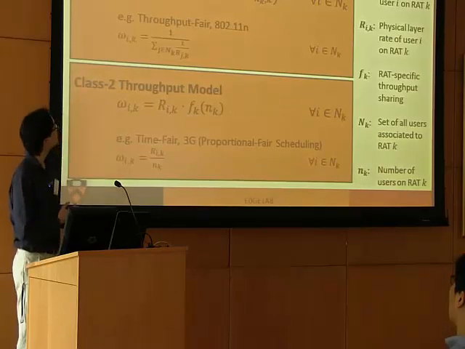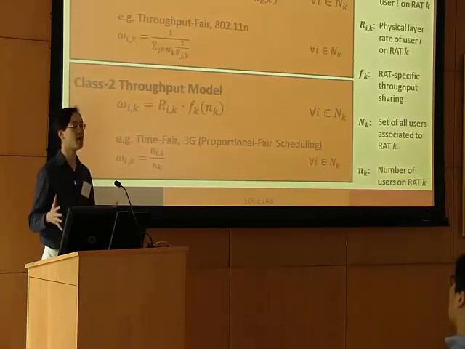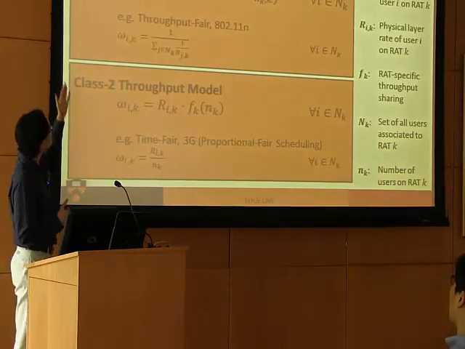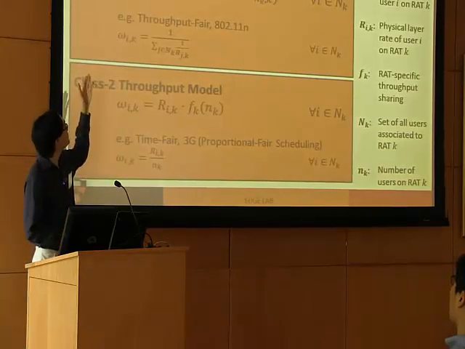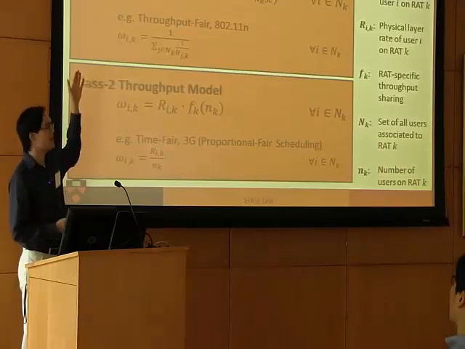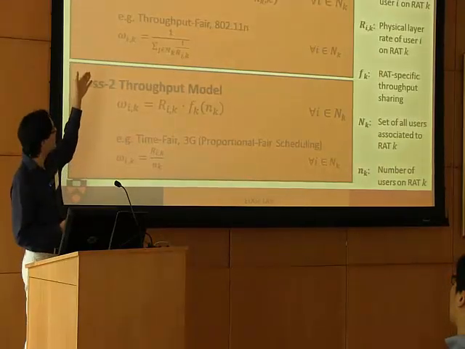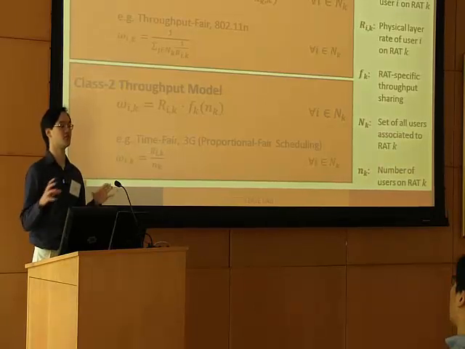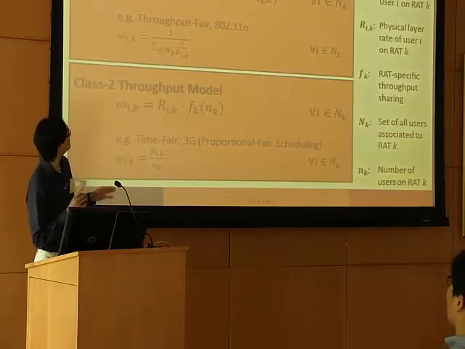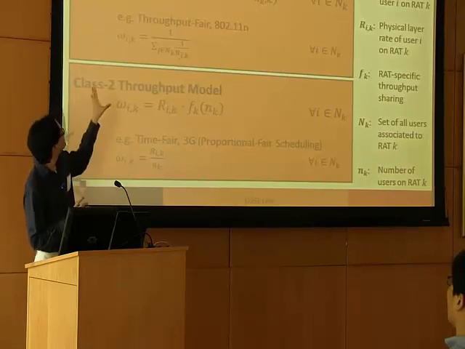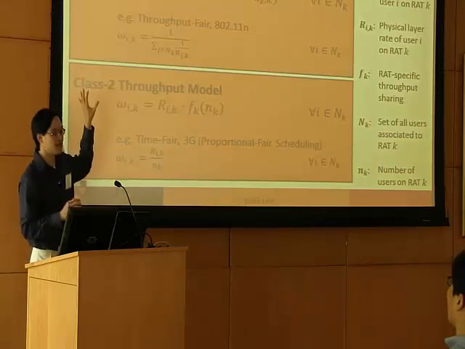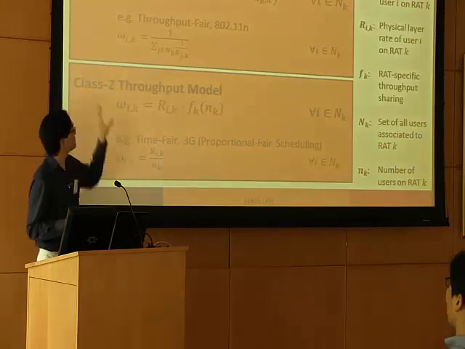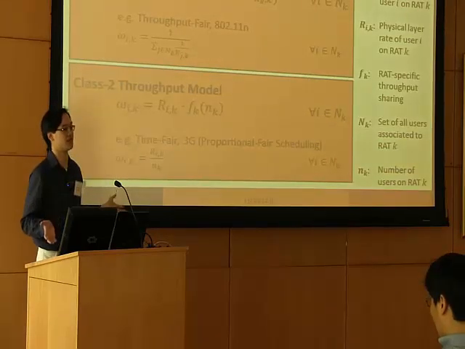And here are the 2 models we use in our work to approximate the behavior of Wi-Fi and 3G. So in the class 1 throughput model, the achieved throughput of user i on rat k, omega ik, is basically a function of all the physical layer rates of the users on that network. So something immediately apparent is that in class 1 models, each user on rat k achieves the same throughput because the function is exactly the same and the inputs are exactly the same.